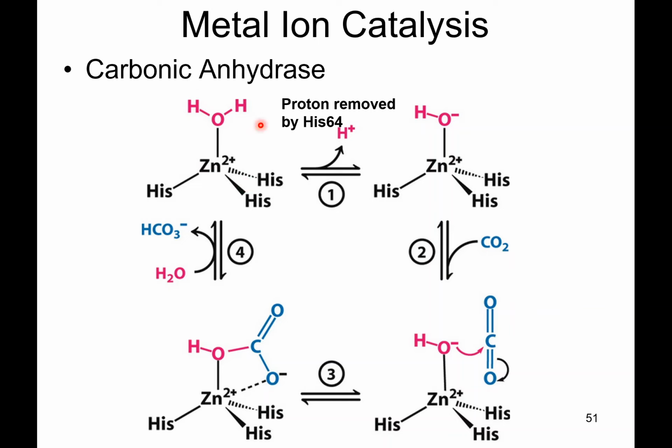That water molecule becomes active because it's bound to this zinc, and that makes one of its hydrogens easier to remove. It's removed by a histidine in the enzyme, and then you get this OH minus, which is our activated form of water in that active site that can then react with our CO2 molecule to form HCO3, our bicarbonate.